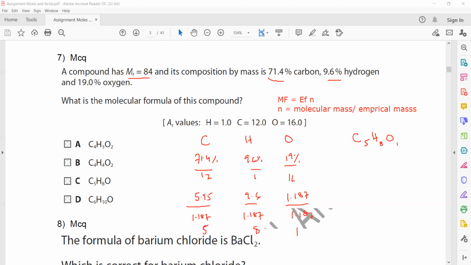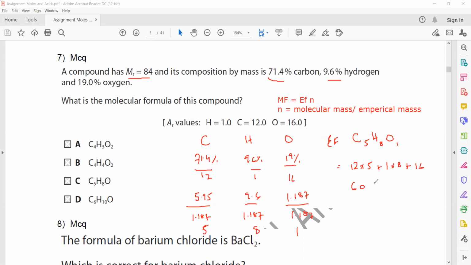Then to get the empirical mass, from the empirical formula we'll find the empirical mass. So carbon is 12 multiplied by 5, plus hydrogen is 1 multiplied by 8, plus oxygen is 16.